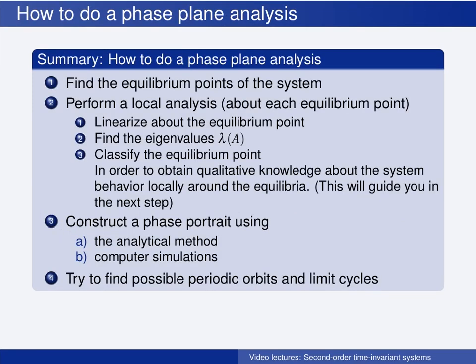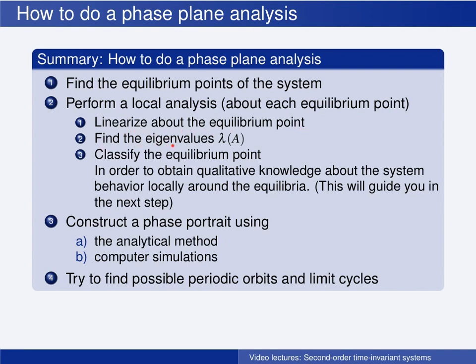So to sum up, how do we do a phase plane analysis? The first thing we do is that we find the equilibrium points of the system. Then we perform a local analysis about each of the isolated equilibrium points, meaning that we linearize the system about the equilibrium point.